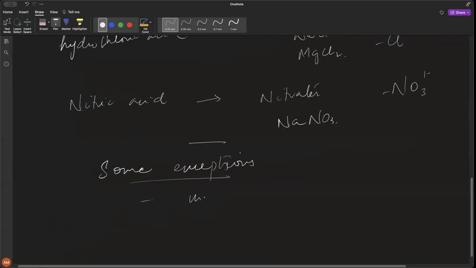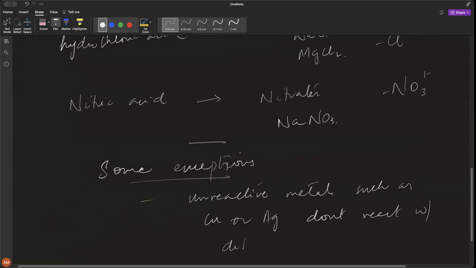Unreactive metals, such as copper or silver, Ag. They do not react with dilute acids. All right. The unreactives.